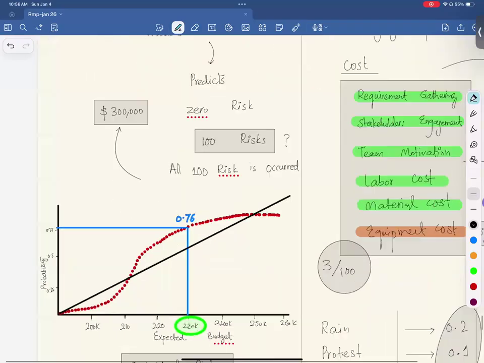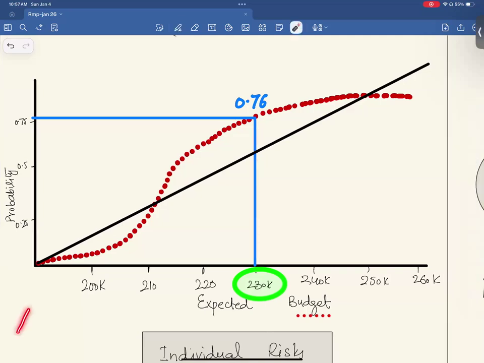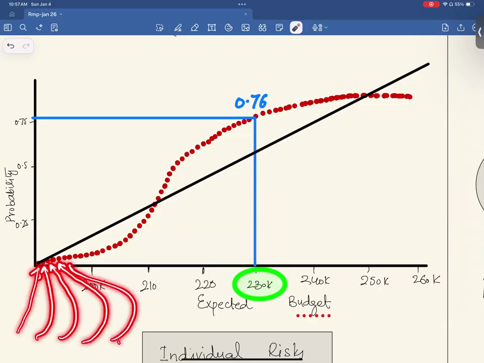Try to understand, in this curve we don't have the number of risks. Each dot represents a different scenario. Please pay attention. This scenario is when all 100 risks have occurred. This scenario is when 99 risks have occurred, this when 98, 97, 96, 95, right?